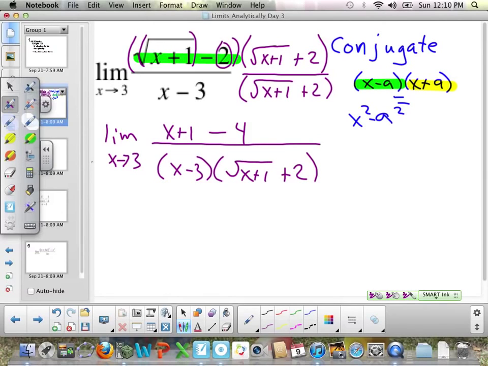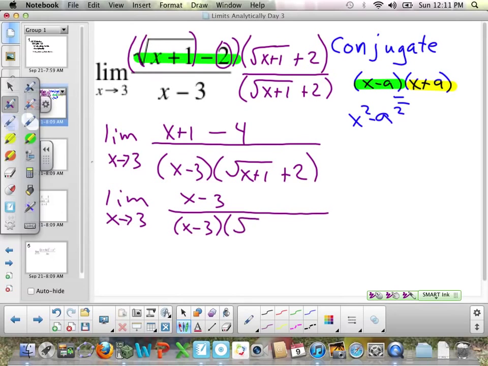Let's clean that up. So we got the limit as x approaches 3, on top we got x minus 3. And you can see why we left the bottom alone. On the bottom, we got x minus 3 times the square root of x plus 1 plus 2.